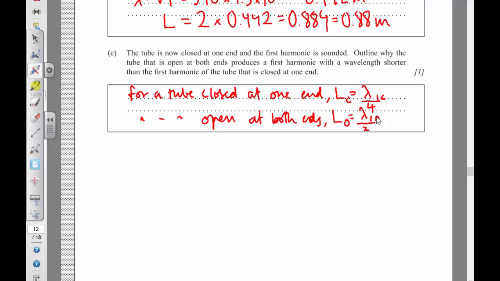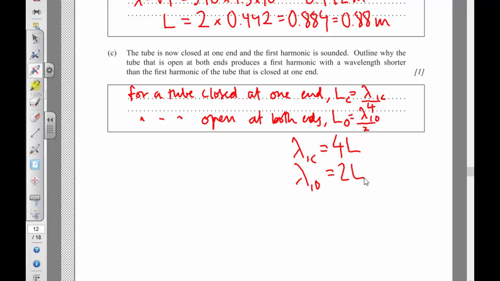So therefore lambda 1 closed is equal to 4L, whereas lambda 1 open is equal to 2L.